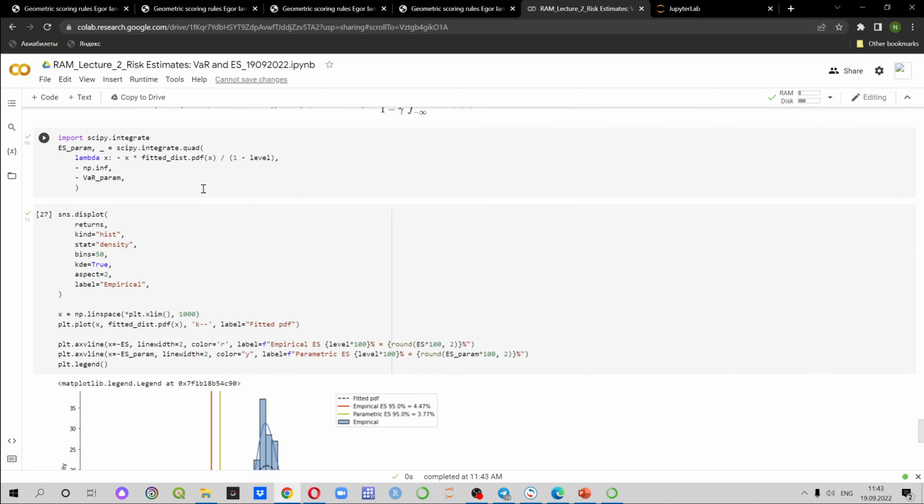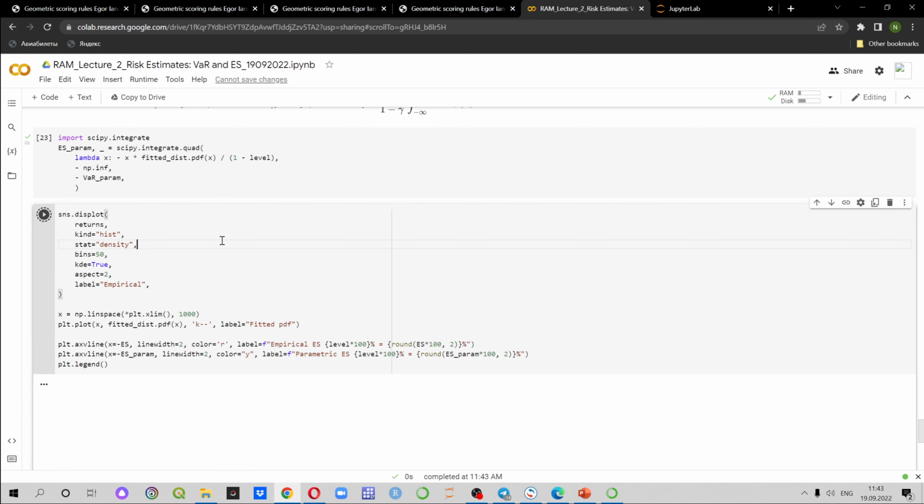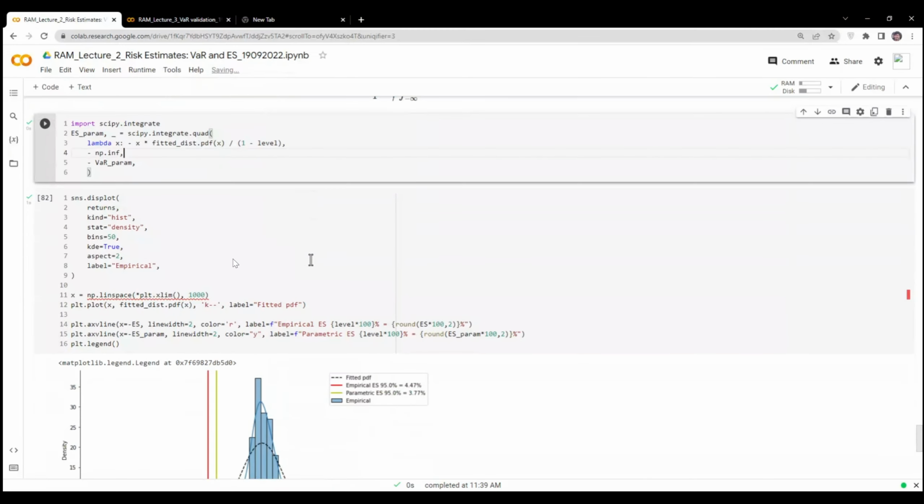Okay, and now let's do the same for expected shortfall and see what's going to happen.